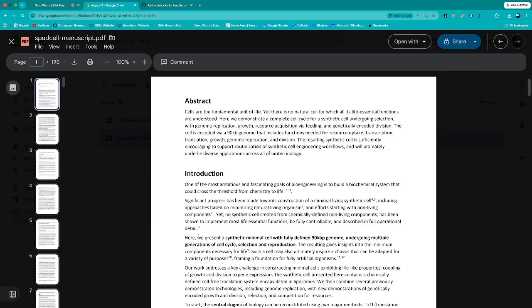Here we present a synthetic minimal cell with a fully defined 90 kilobase pair genome, undergoing multiple generations of cell cycle, selection, and reproduction. So the cell cycle, of course, is the process by which the cell goes through different stages of replication. There are different genes that are expressed at each stage. And oftentimes the cell cycle is conserved, although sometimes it can evolve in different ways so that different parts of the cell cycle can expand or contract in terms of timing.